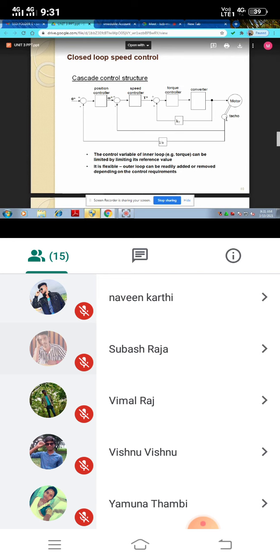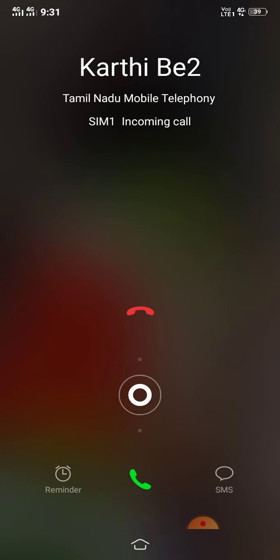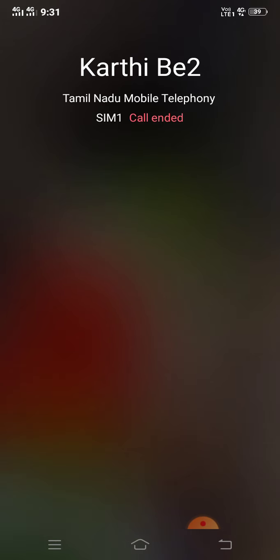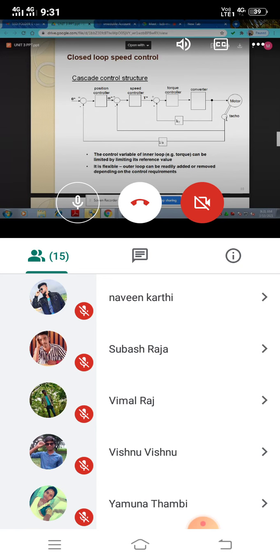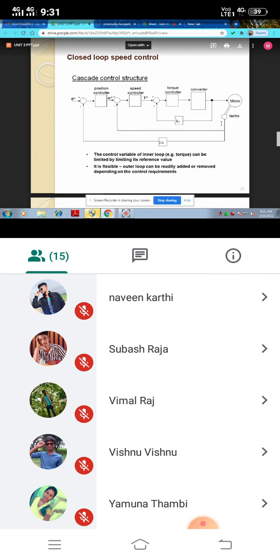What purpose is the tacho generator used for in a DC motor or any kind of motor? What purpose? Can anyone say?